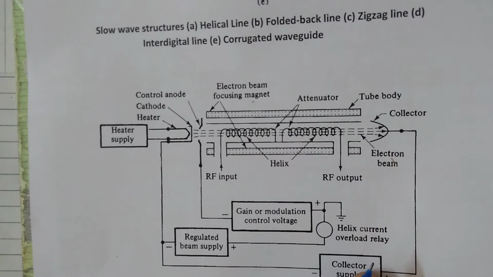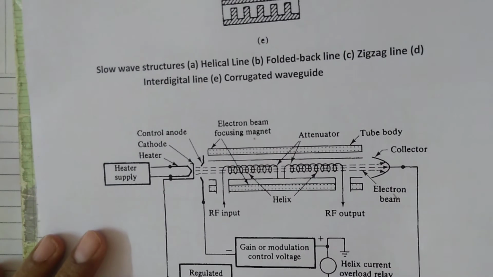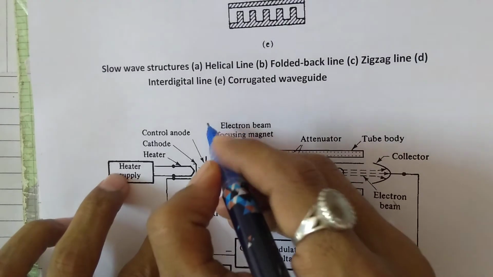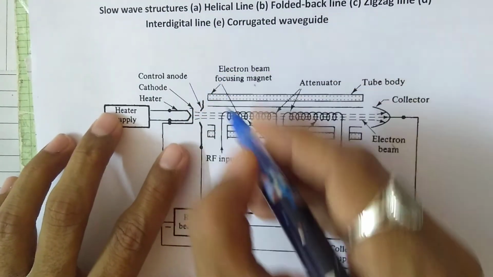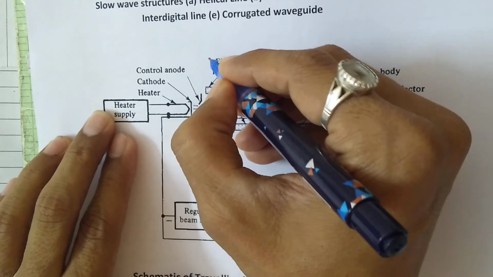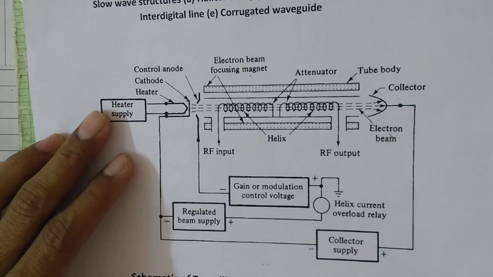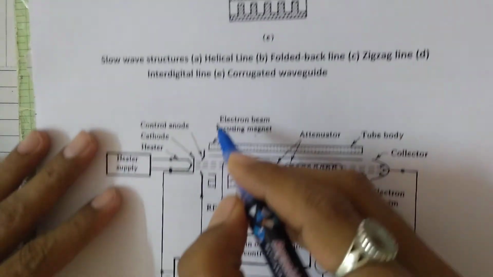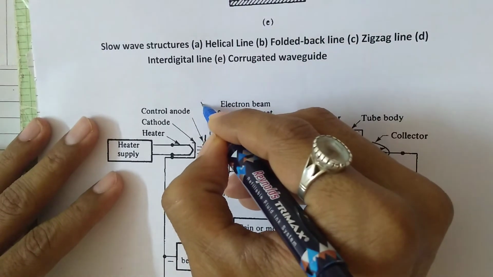So how exactly this amplification will be done, I will try to demonstrate with the help of the drawing. At the start, the interaction between the RF signal and the electron beam will be smaller. So I will draw here itself. It is something like that.